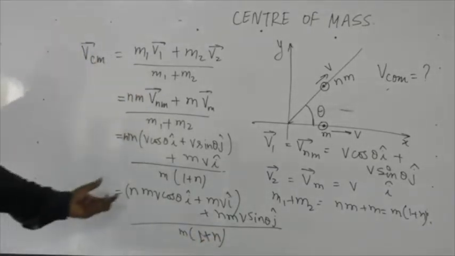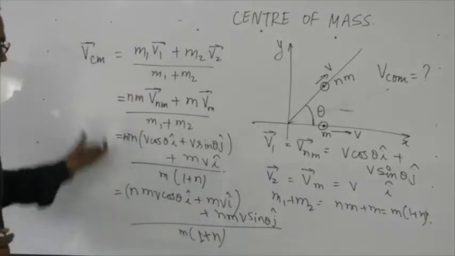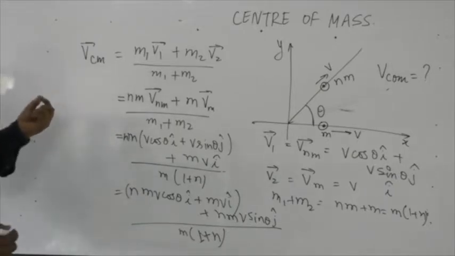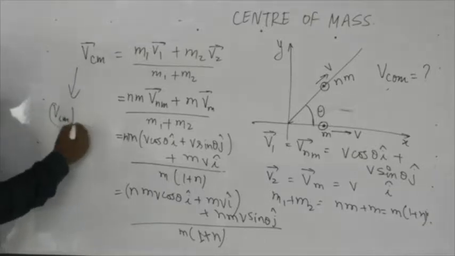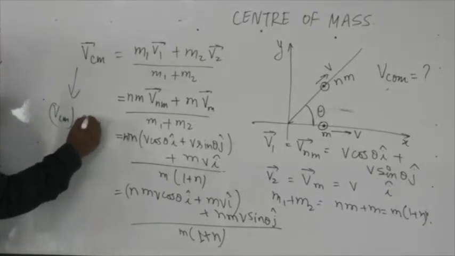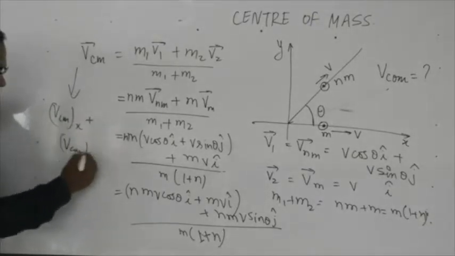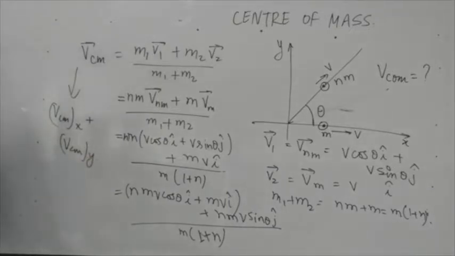In this way you found VCM as VCM along the x-axis plus VCM along the y-axis.